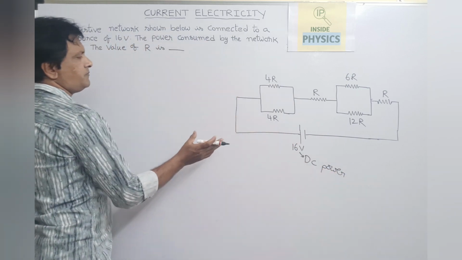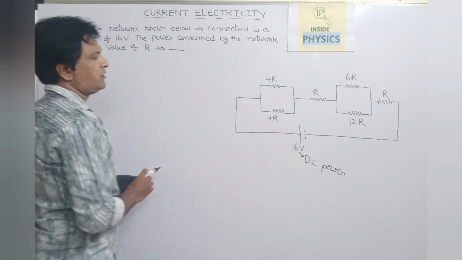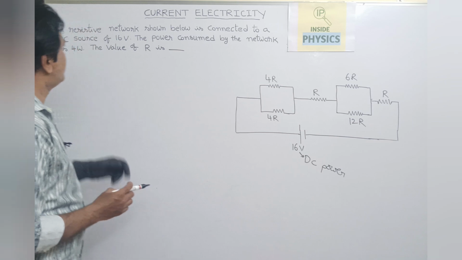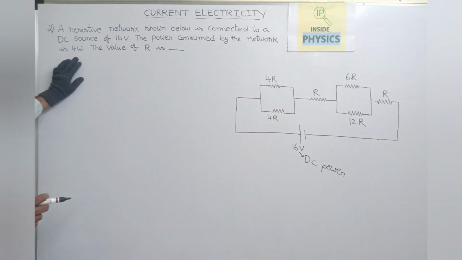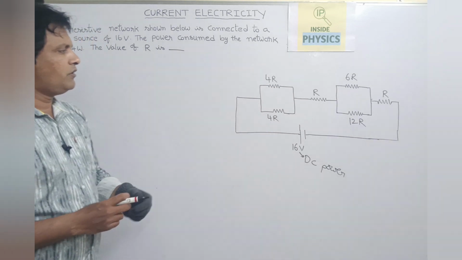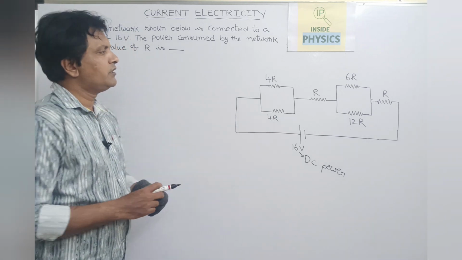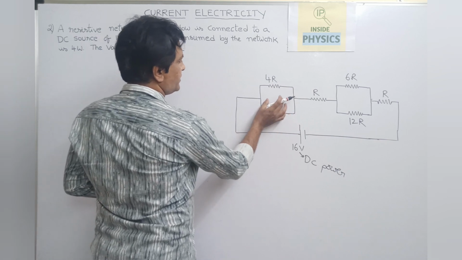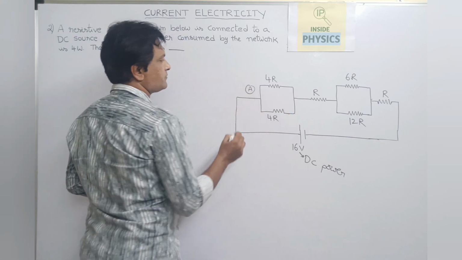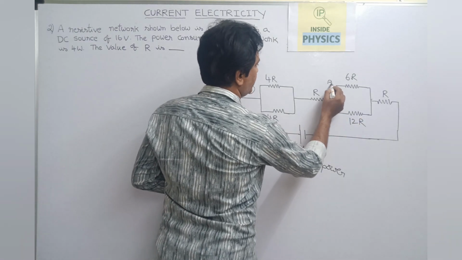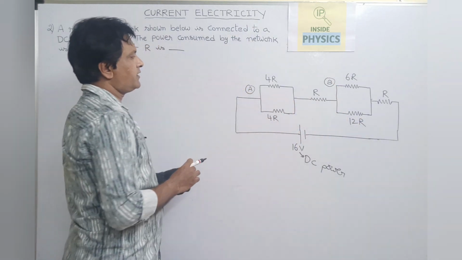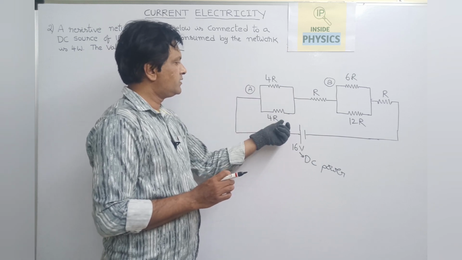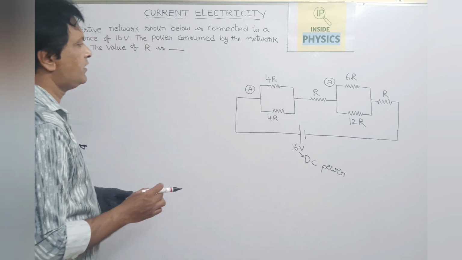So when this power goes through the circuit, this voltage produces a current flow in the circuit, and 4 watts is consumed by this total network. Then what is the value of R? How do we approach this kind of problem? If you understand this circuit, you can easily say, if this is considered as part A and this as part B, which are connected in parallel, you can easily understand the resistors 4R and this resistor another 4R are connected in parallel.